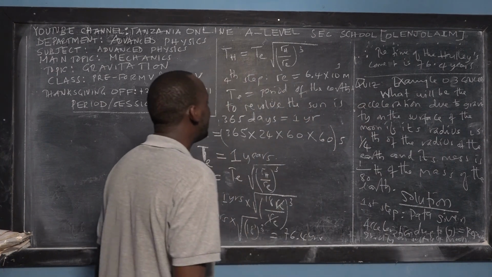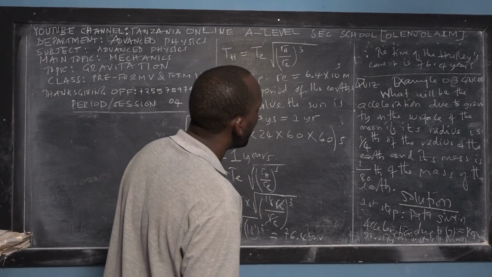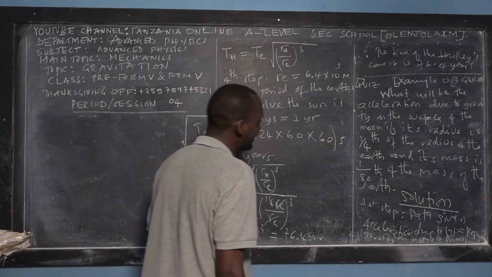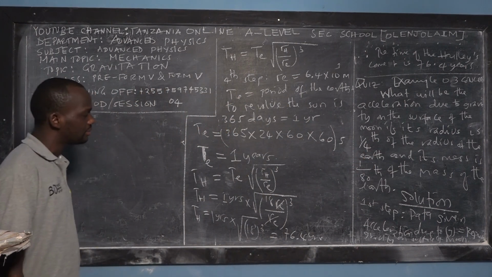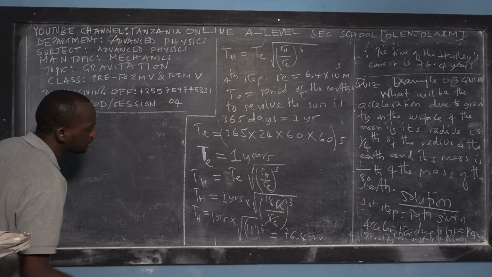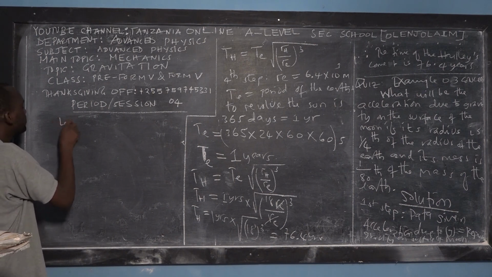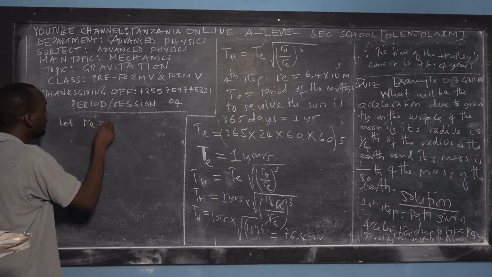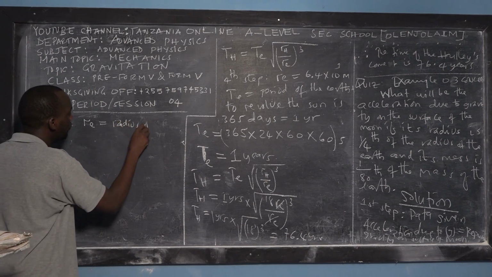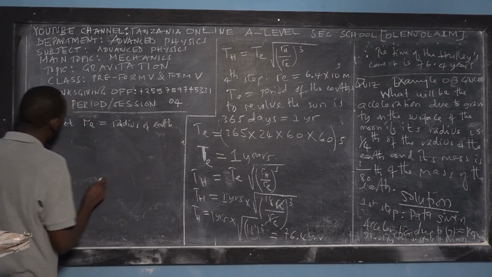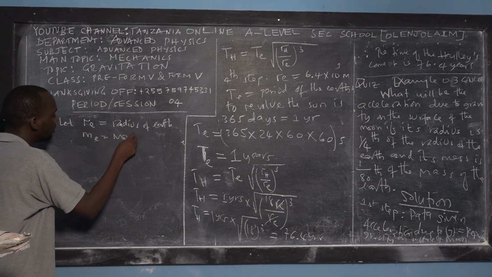When finding the acceleration due to gravity on the surface of the moon, you have been given that its radius is 1/4 of the radius of the earth, and its mass is 1/8 of the mass of the earth. So the second given is that we let RE be the radius of the earth, and ME be the mass of the earth.